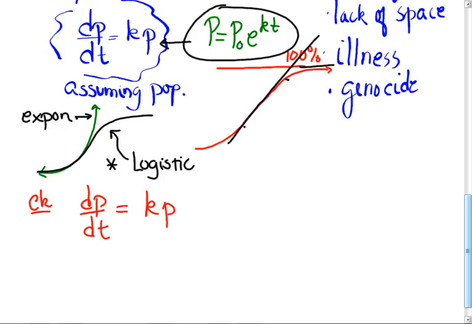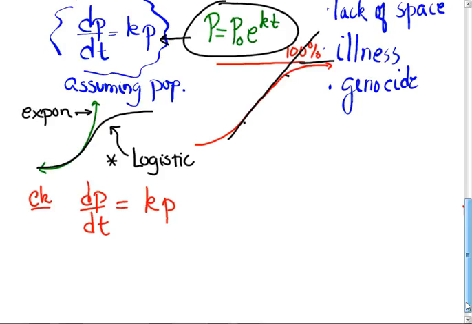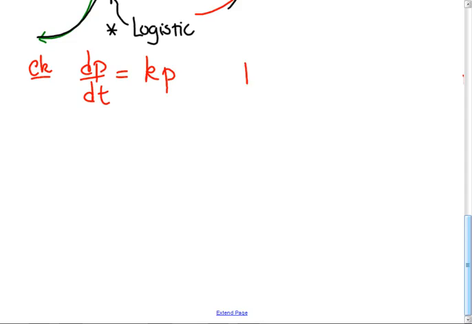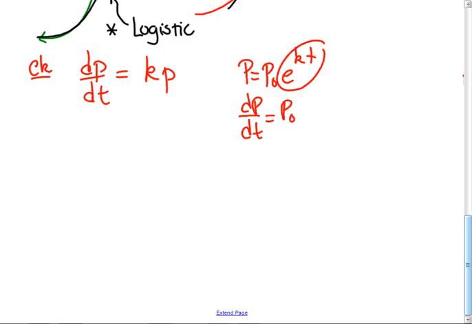So we're going to go ahead and take the derivative of that exponential function. P is equal to P naught e to the kt. So what's dP/dt? Remember, we can ignore the P naught and take the derivative of e to the kt, which is e to the kt times k.